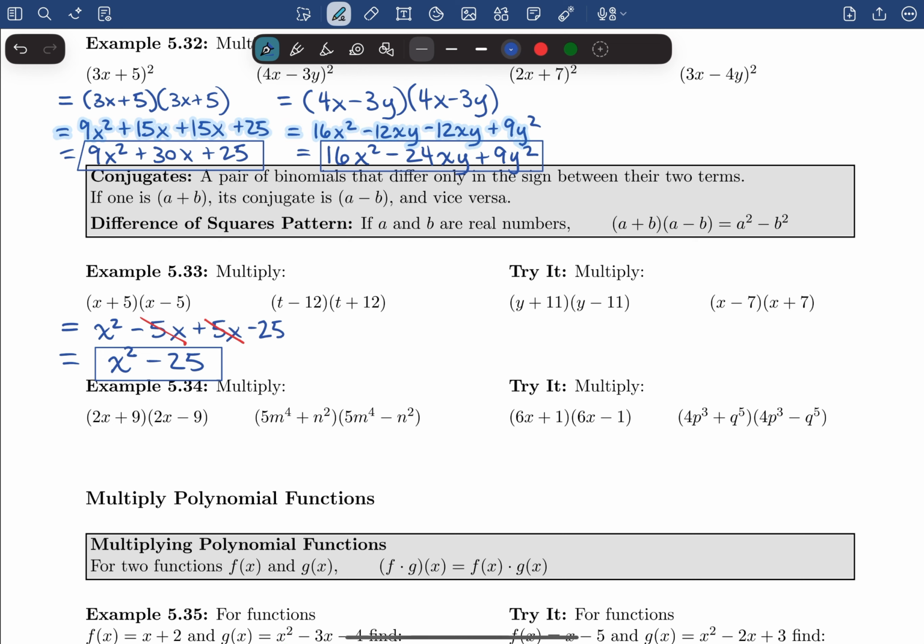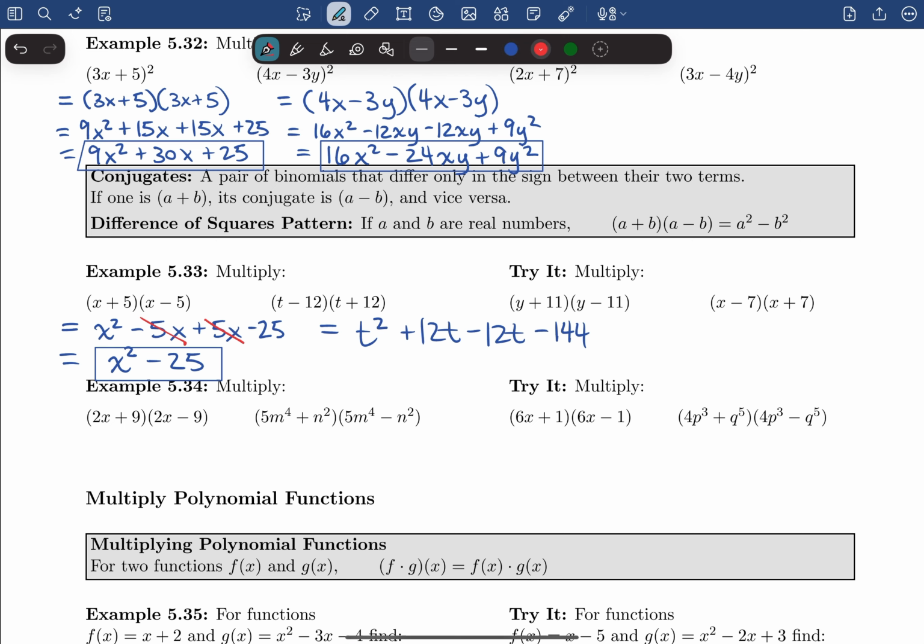When I see t minus 12 times t plus 12, and if I FOIL it, t times t is t squared, t times 12 is 12t, negative 12 times t is negative 12t, and negative 12 times positive 12 is negative 144.